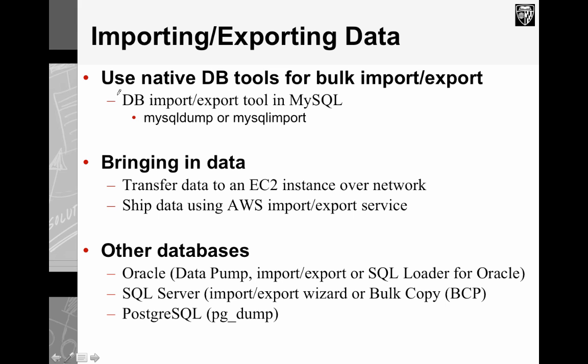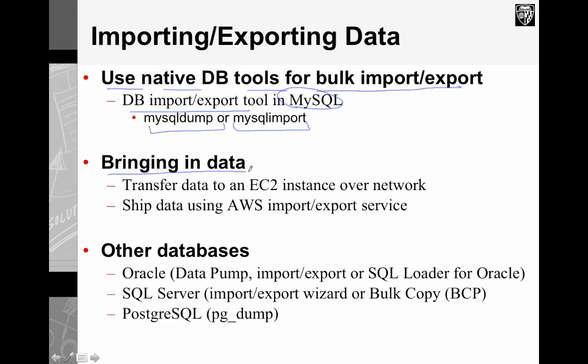Importing and exporting data. You can use native DB tools for bulk import and export. For MySQL, DB import and export, you have mysqldump, with which you can actually dump the database, and mysqlimport, with which you can import data into the database. Those tools still work.